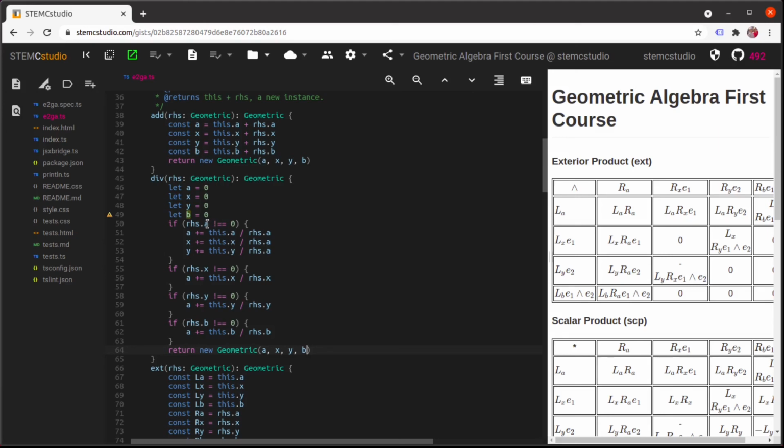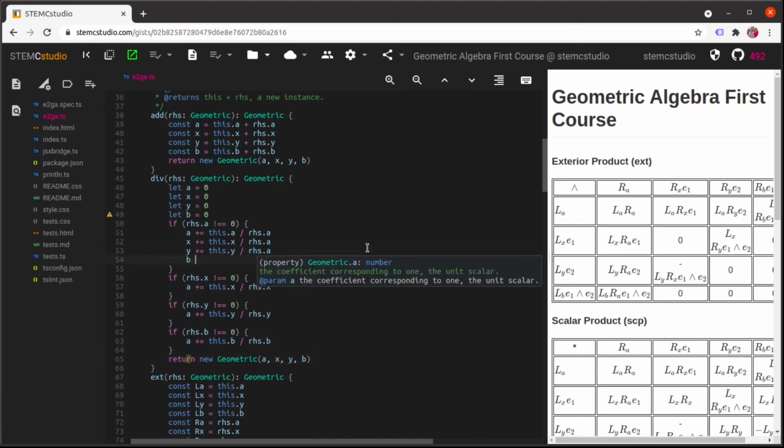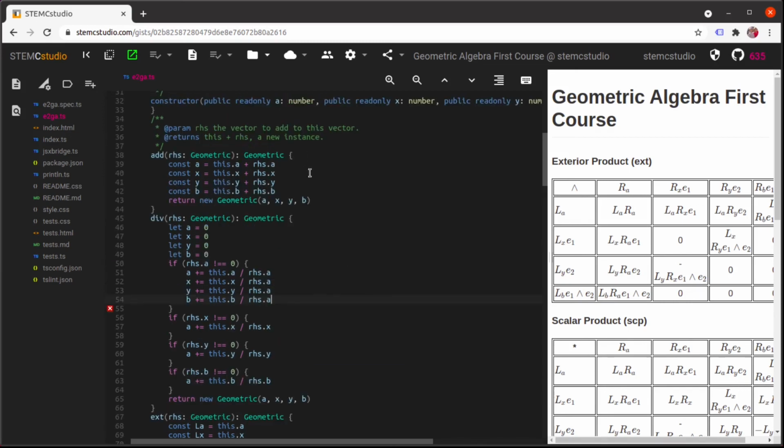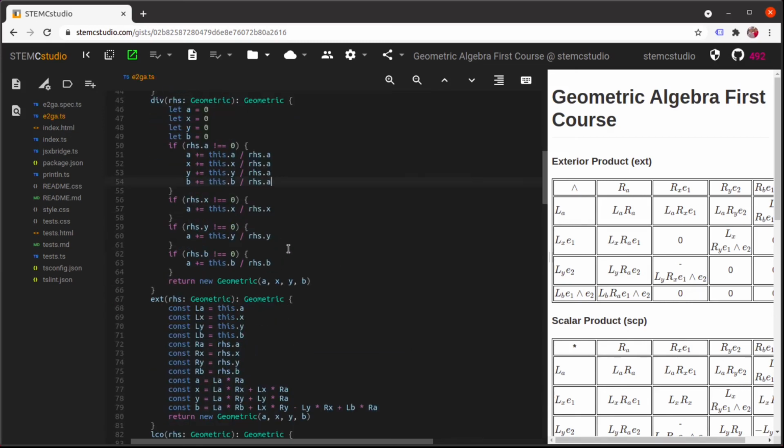So here's where the right-hand side is a scalar. So we'll get B, just like these others, is this dot B divided by the right-hand side dot A. If you look at this whole method right now, you can see it's really working in two modes. One is you can do division by a scalar.